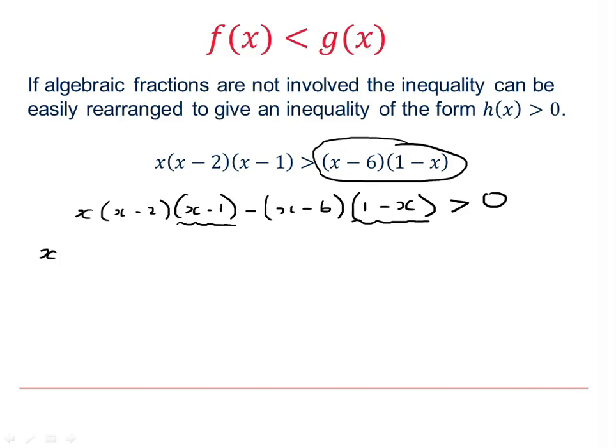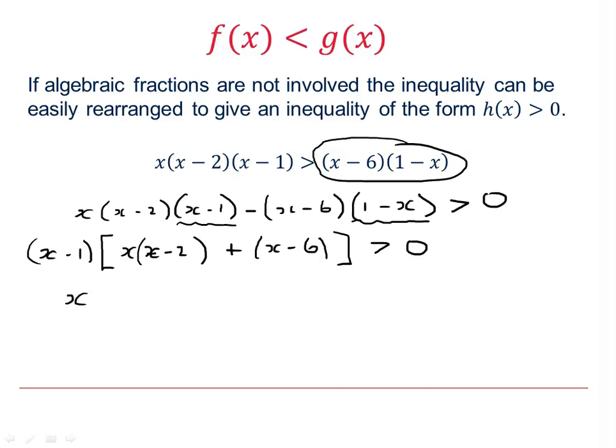So if I take out the factor x - 1, then inside we're left with x and then x - 2, and then instead of minus we're going to have plus x - 6, and that will be greater than 0. So then you need to multiply out the square bracket, x - 1, and inside the square bracket we'll have x squared minus 2x from the first two factors.